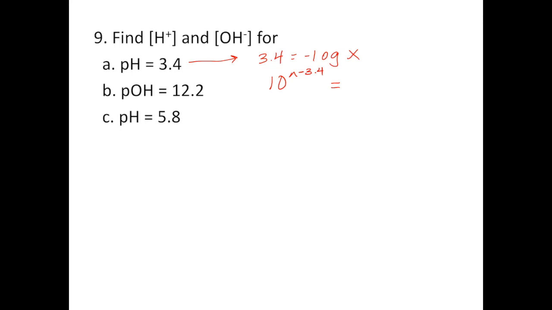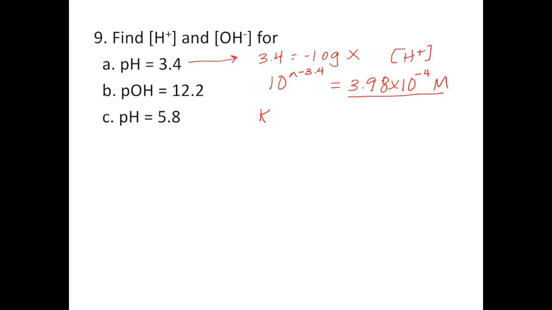That's going to give me back my H+ concentration, because this is the pH. So it's going to be 3.98 times 10 to the negative 4. And pH doesn't have a unit, but molarity does. So when you get the concentration, you need to make sure you write the unit. So there's my H+ concentration, because that came from the pH.